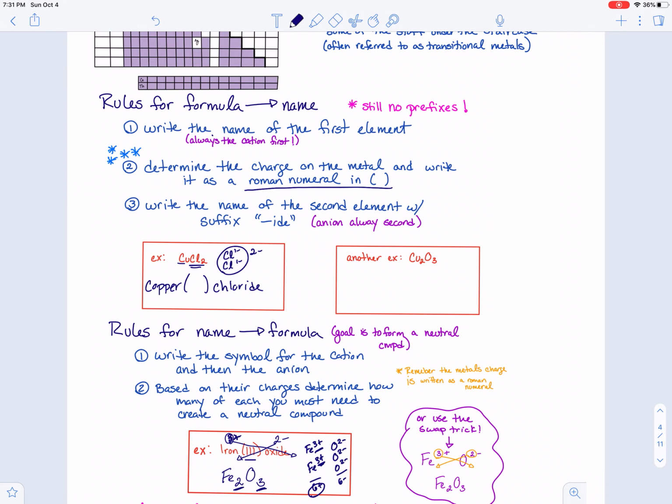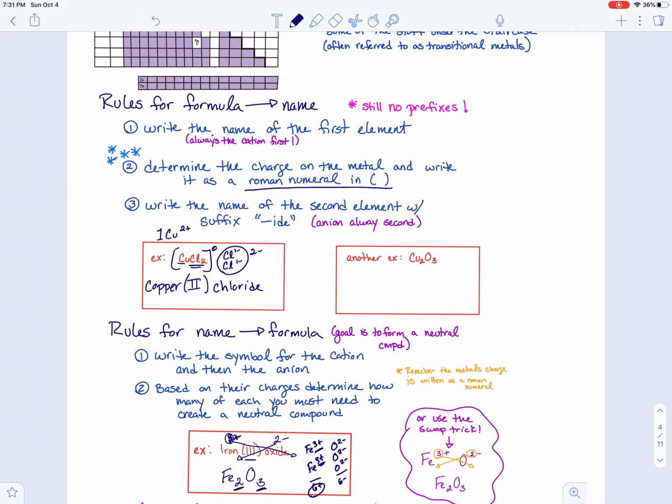Well, I also know that my copper chloride has to have a net charge of 0. So the charge on my copper, if I only have 1 of them, has to be a 2 plus in order to cancel out the charges on the chlorides. So this is going to be copper 2 chloride.